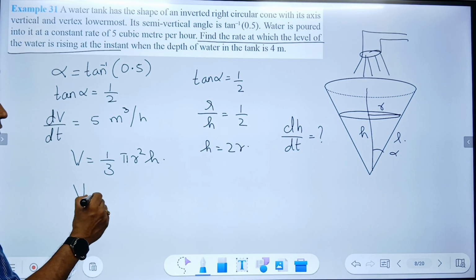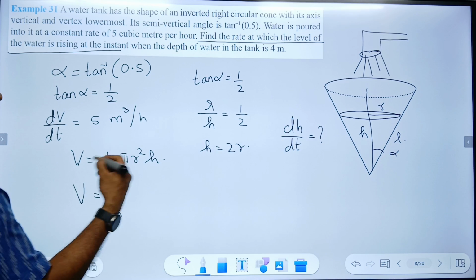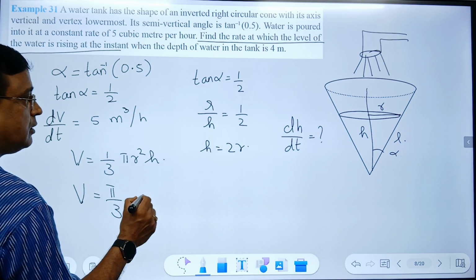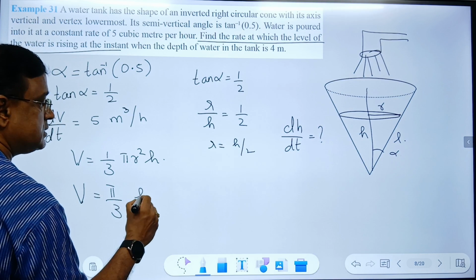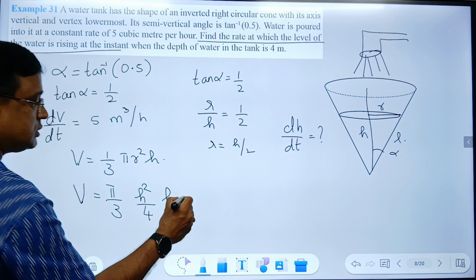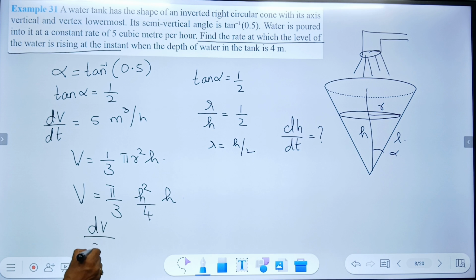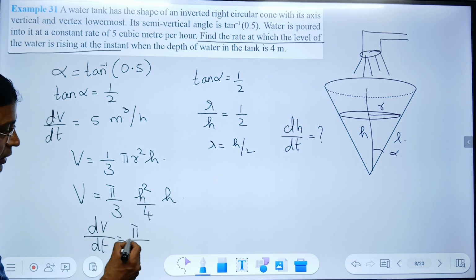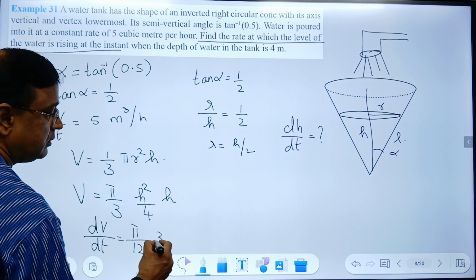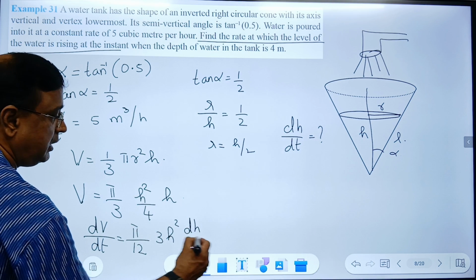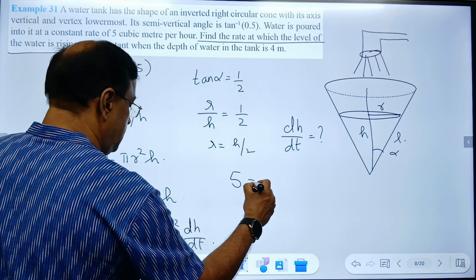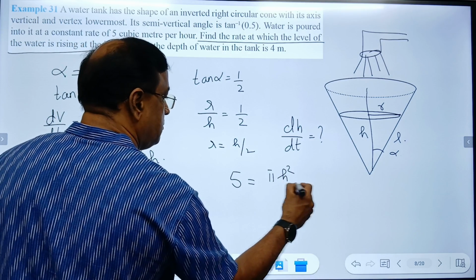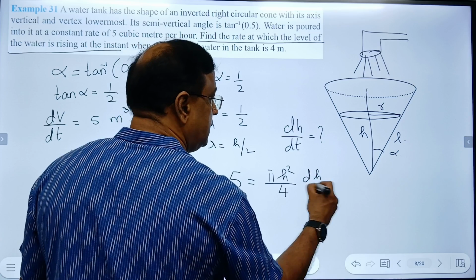Volume equal to pi by 3 into R square, and R equal to H by 2, so R square will be H square by 4, into H. Now you can differentiate: dV by dt equal to pi by 12, differentiation of H cube will be 3H square into dH by dt. 3 goes 4 times. Now dV by dt is given as 5, so this will be pi H square by 4 into dH by dt.